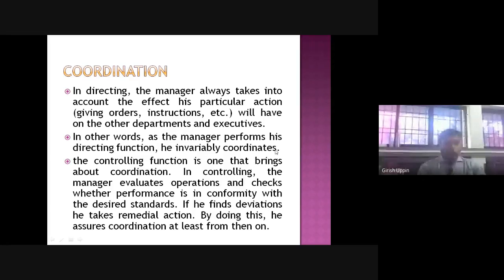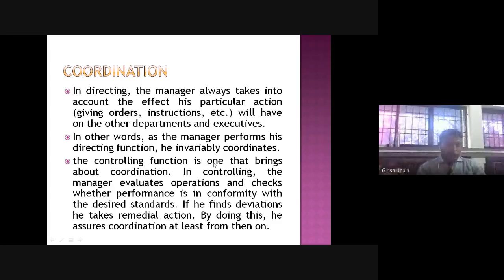In other words, when a manager performs his directing function, he invariably coordinates. He may not give the order, as it depends on the authority, but when he is working with the other departments, he uses coordination as the major tool to get his work done.